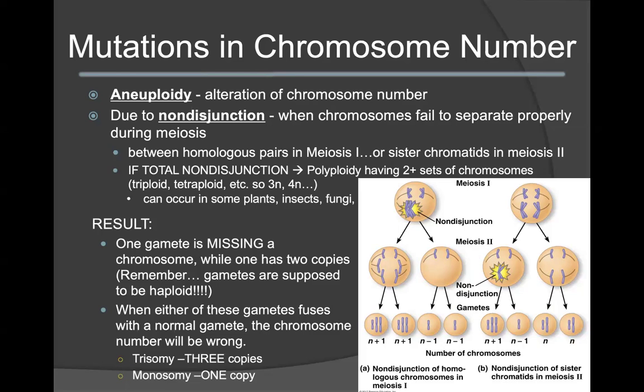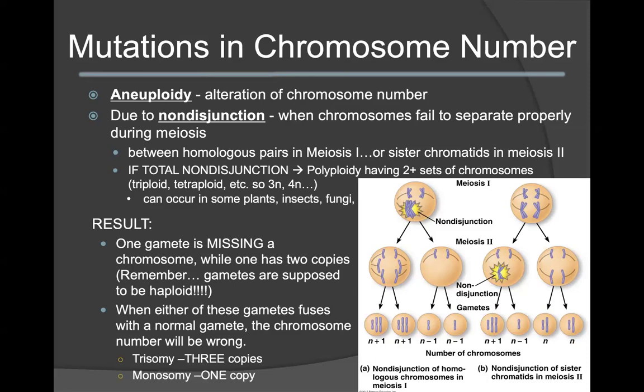You can also have a total non-disjunction event, which means the complete failure to separate out all of the chromosomes involved in producing gametes. This would lead to the condition of polyploidy, having two or more sets of chromosomes. This can occur in some plants, insects, and fungi with non-detrimental effects, meaning that the organisms can survive and reproduce.